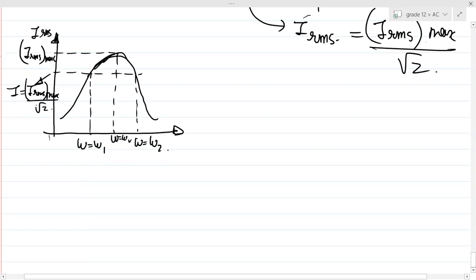So this is what I meant by these two points. This omega 1 and omega 2 are important, okay? We'll see exactly what omega 1 and omega 2 are.